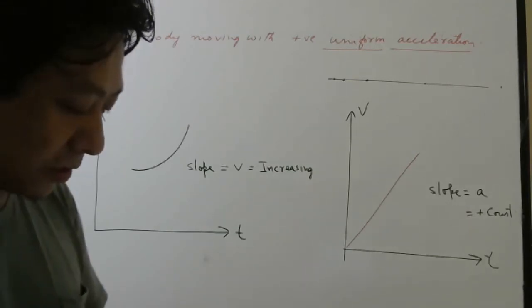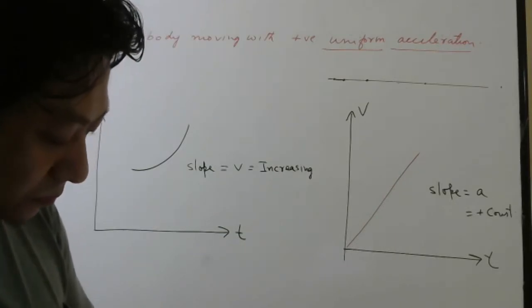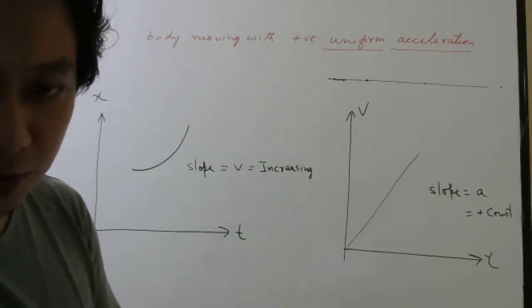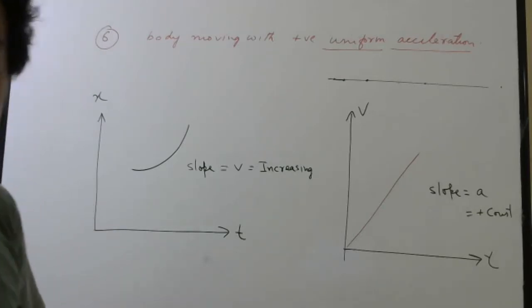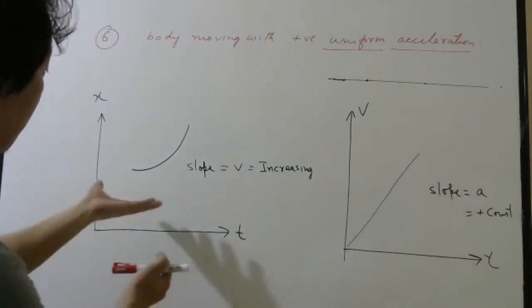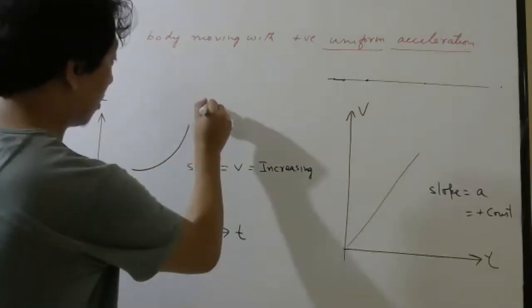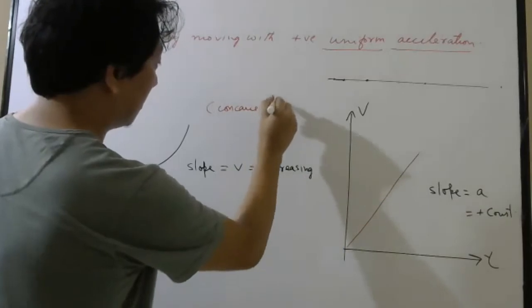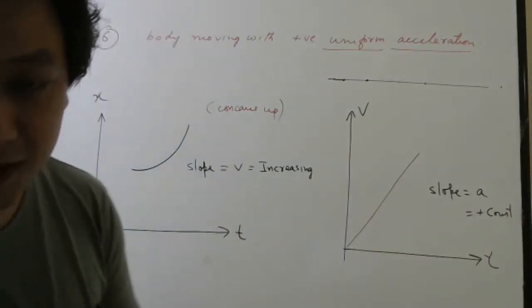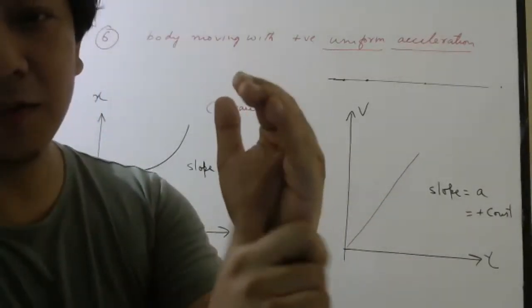In question number 7, there is a mistake, students. Change a few things in the question, not the entire question. First, everybody understood? Please remember, it will be concave upwards. You know concave and convex?